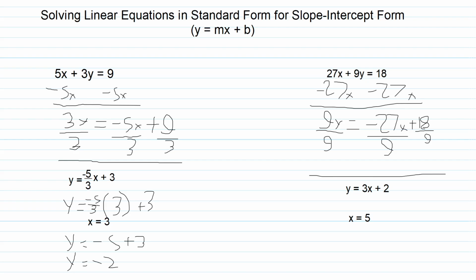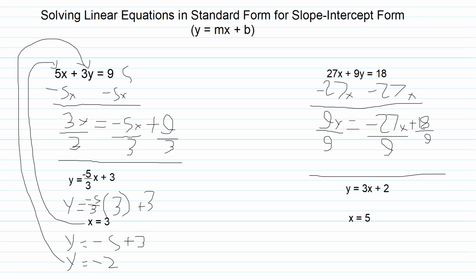Y equals negative 2. Now we know what our x is, x equals 3, and we know what our y is, y equals negative 2. Let's bring both of these values up to the top. X goes to x, and y goes to y, and we will now finish this expression with those values in place. So we will do 5x, or 5 times 3, plus 3 times y, or 3 multiplied by negative 2.